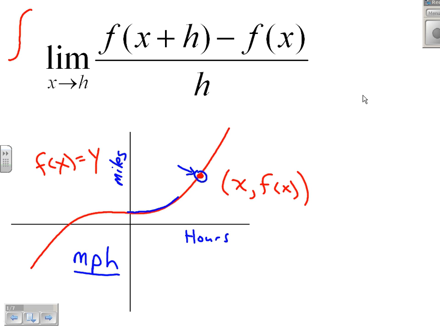Well, all we know about slope so far is that we can take a y coordinate minus another y coordinate and put it over the corresponding x coordinates, and that's our slope.